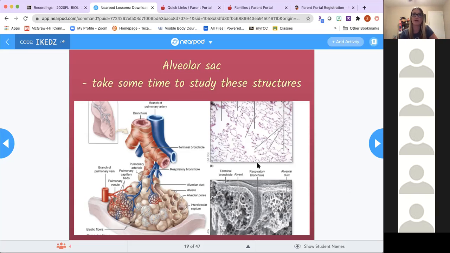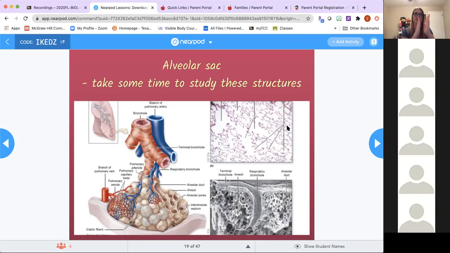Okay, so make sure that you know what a lung looks like. It looks like a lot of empty space. You don't need to be able to label anything within the lung, but know what a slide of lungs would look like. Notice that you have very thin lines of cells there. These are squamous cells here, and they are very thin.